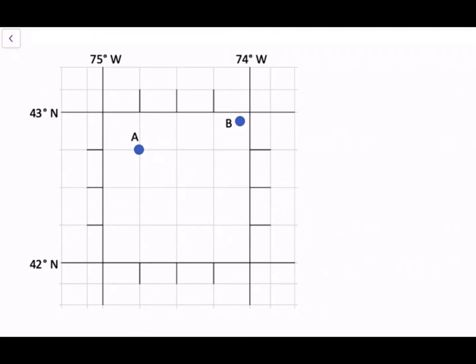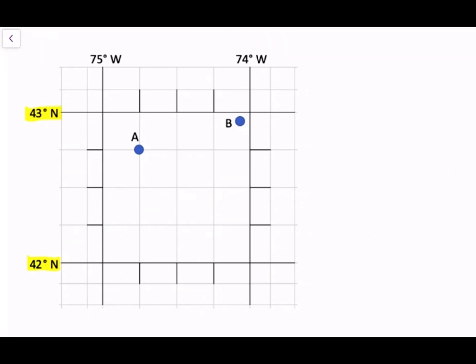Let's do a few examples of this. Here I have a grid. I'm zoomed in on a map. The map is showing a location, an area of land, in between 42 degrees north latitude and 43 degrees north latitude.